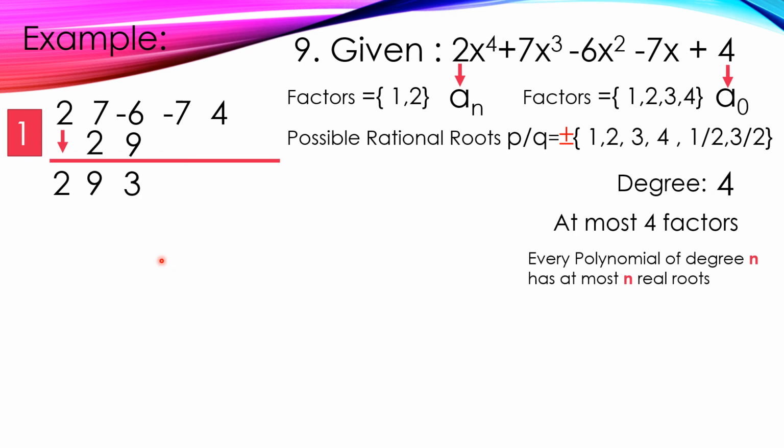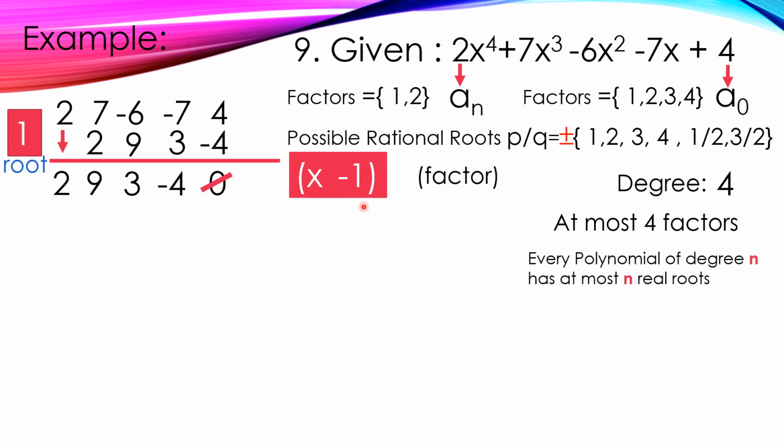Then negative 6 plus 9, we have 3. 3 times 1, 3. Negative 7 plus 3 is negative 4. Negative 4 times 1, we have negative 4. Then add 4 plus negative 4 is 0. Since the last term is 0, or the remainder is 0, we can say that 1 is one of the roots. Then, x minus 1 is one of the factors.